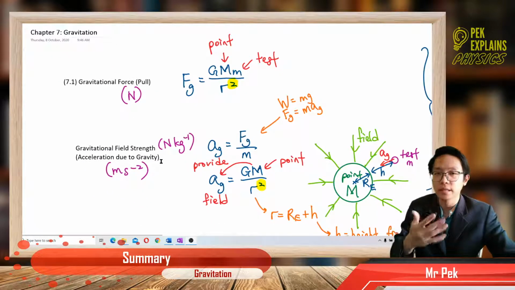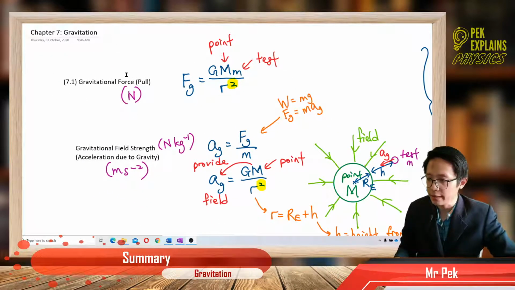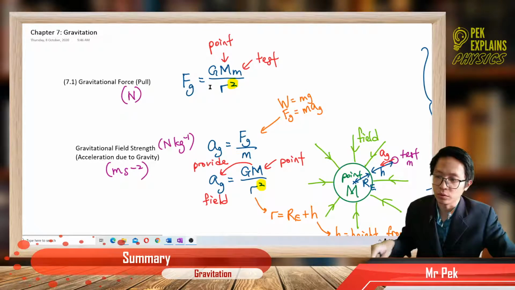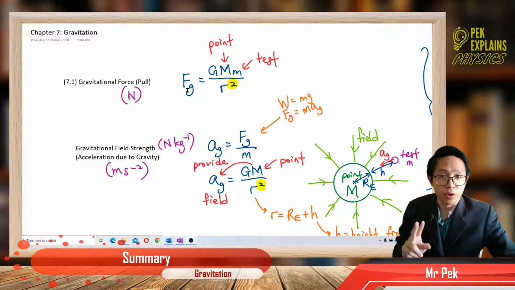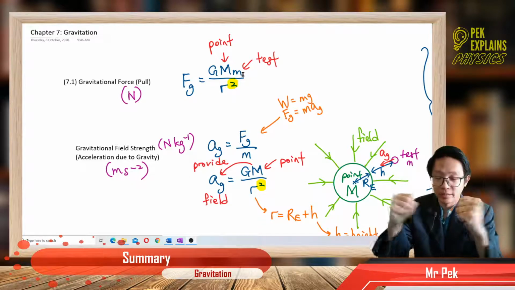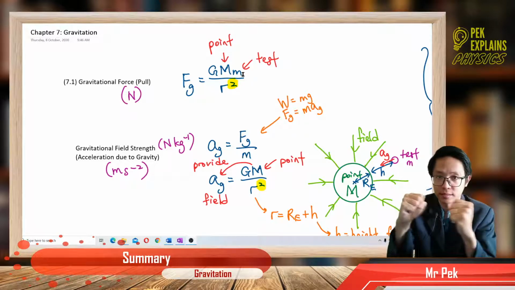Now, let us start with gravitational force. Sometimes we call it gravitational pull. Gravitational force or gravitational pull, they mean the same thing. So the formula is Fg equal to GMm over r square. For gravitational force, you must have two masses, then only does the attractive force exist between these two masses.